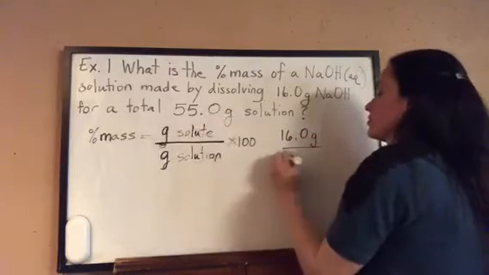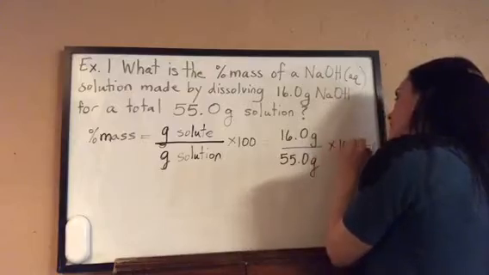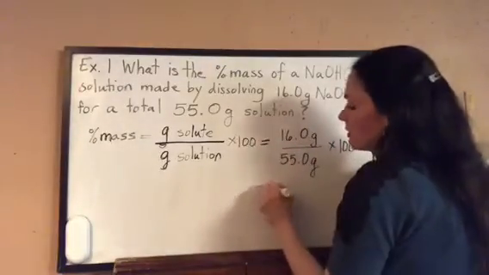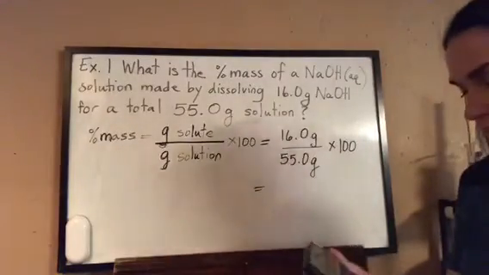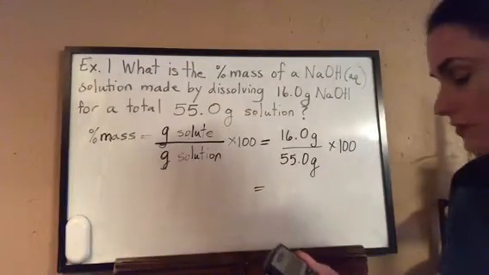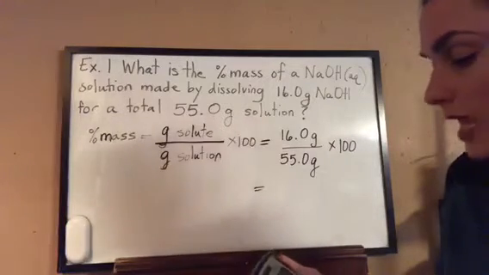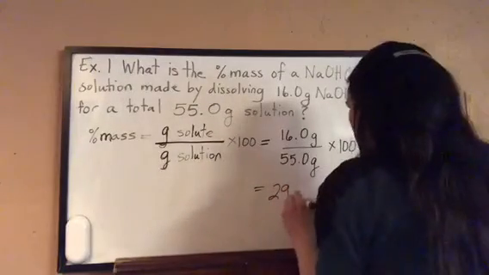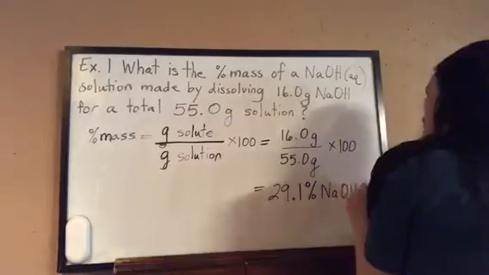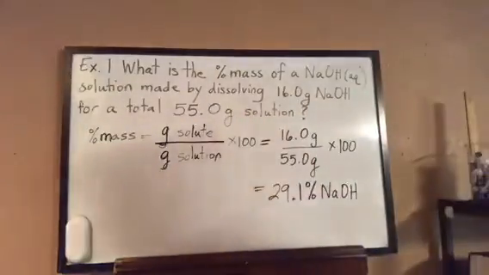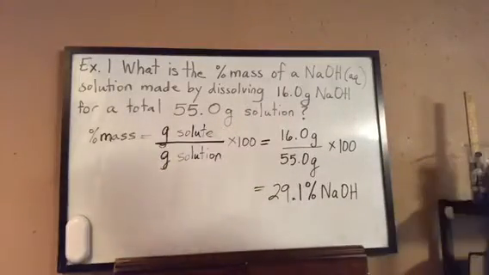The amount of solution, we're told, is a 55 gram solution. Multiply that ratio by 100 to get your percent mass. So 16 divided by 55, times 100. You get a 29.1% sodium hydroxide solution, and that would be the percent concentration of this particular sodium hydroxide solution.